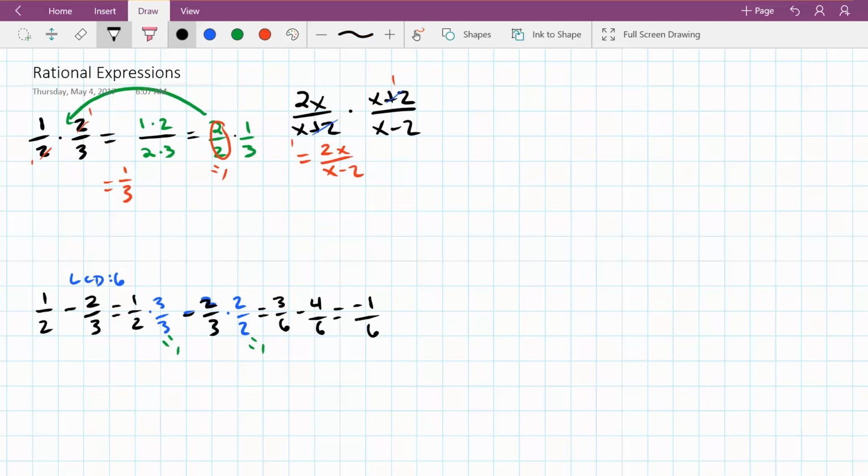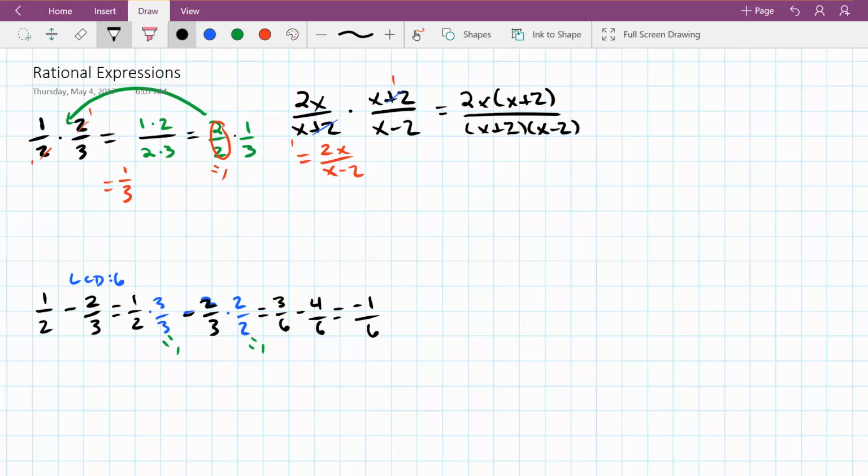Even if you are not comfortable with cross canceling, we have 2x multiplied by x plus 2 over x plus 2 times x minus 2.